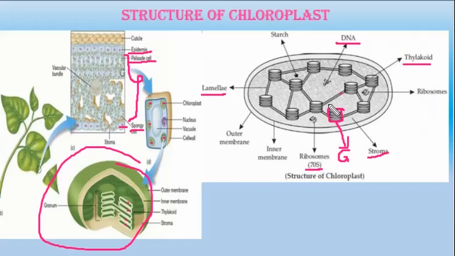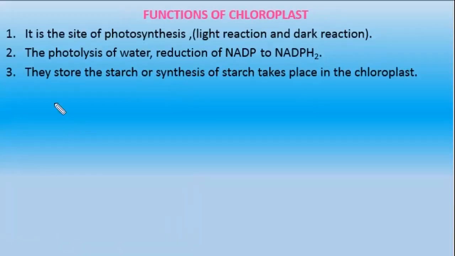Now let us see the functions of chloroplast. As I said, the chloroplast is the site of photosynthesis, that is, both light reaction and dark reaction take place in the chloroplast.